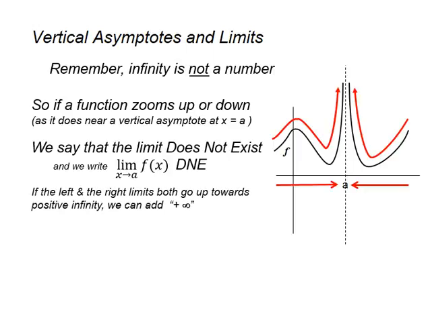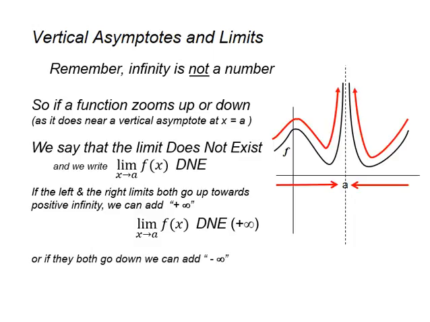If the left and the right limits both go up toward positive infinity, we can add the symbol plus infinity and write limit as x goes to a of f of x does not exist, in parentheses, positive infinity. Or if they both go down, we can add negative infinity.